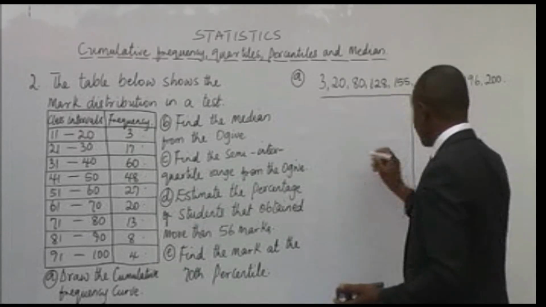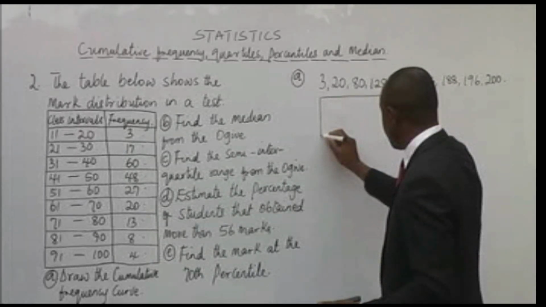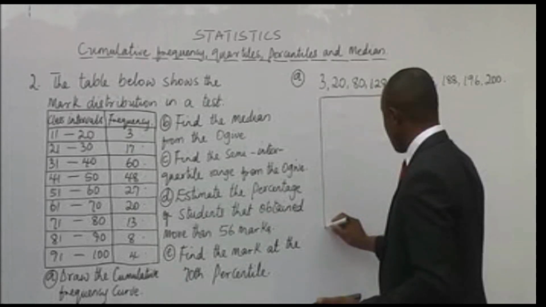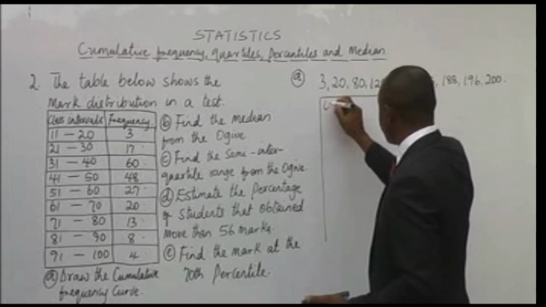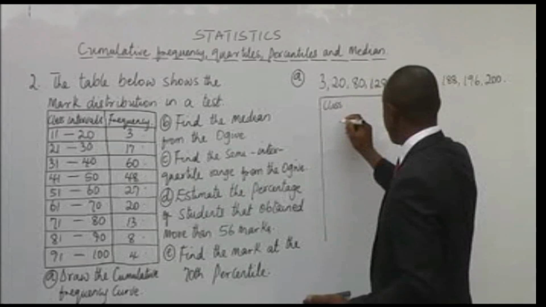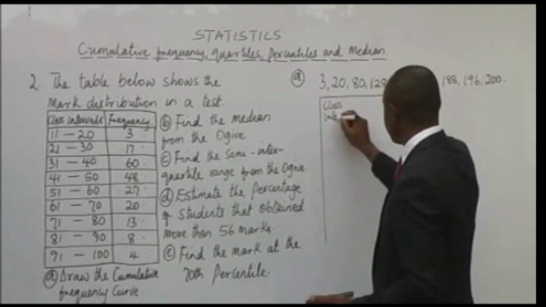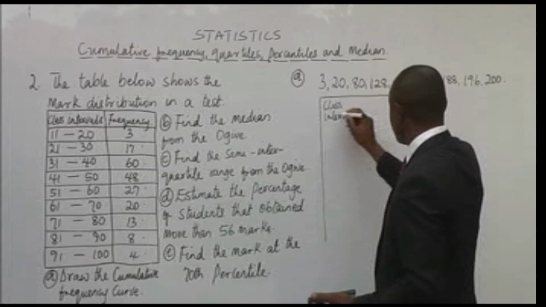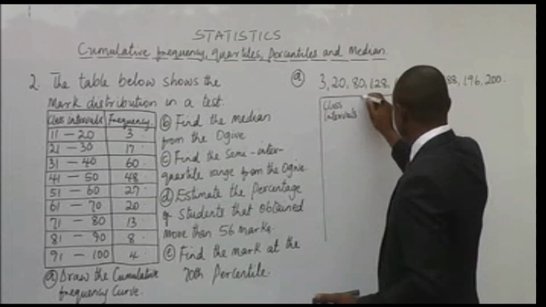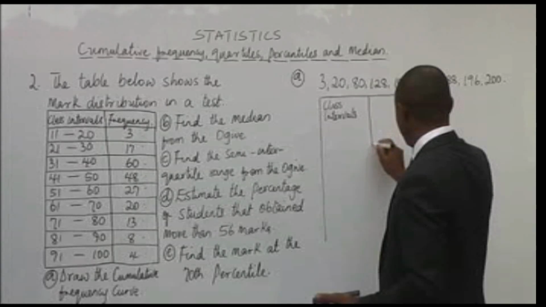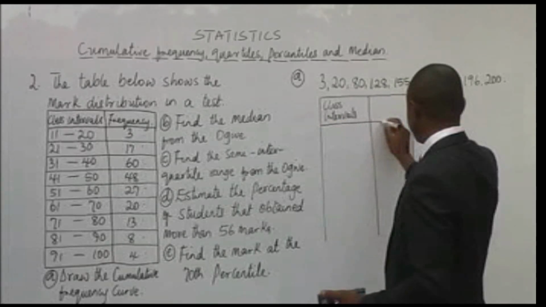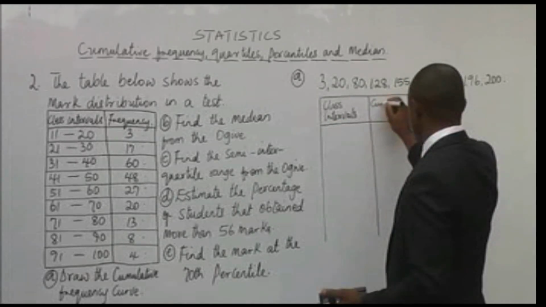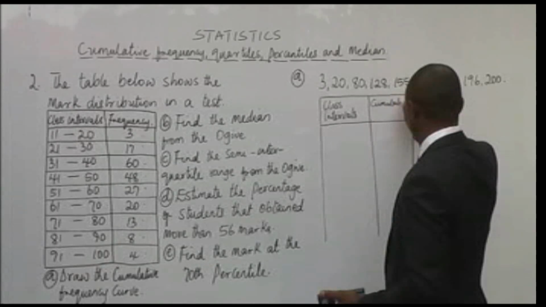Remember, what we are constructing now is the cumulative frequency table, from where we will draw our ogive. So here we have class intervals, while on the other side you have the cumulative frequencies.